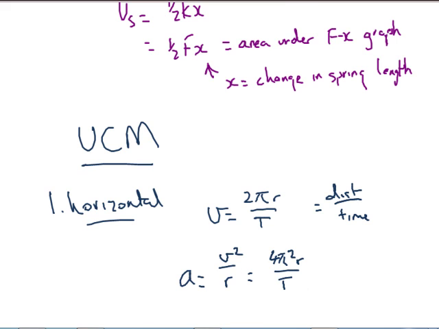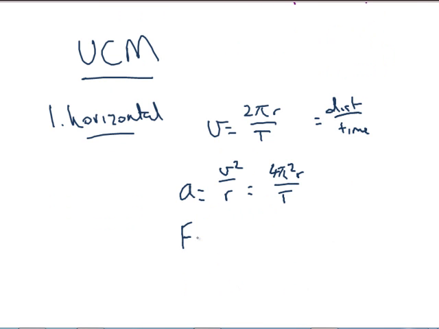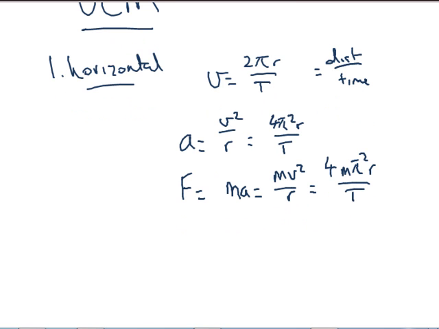And finally, the forces, F equals ma, which would then be mv squared over r, which is 4m pi squared r over T squared. Where do a and F always act? Always to the centre. Otherwise it will stop moving in a circle.